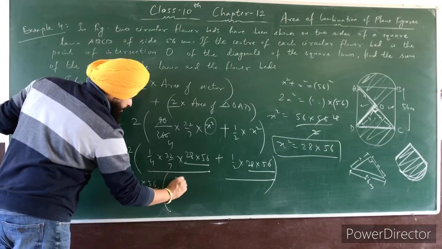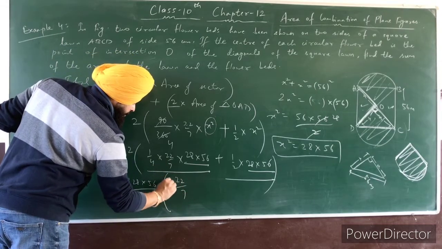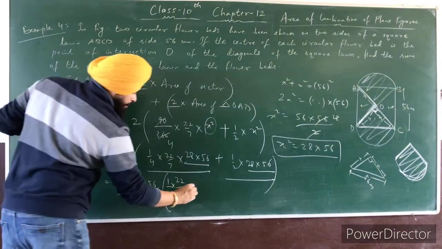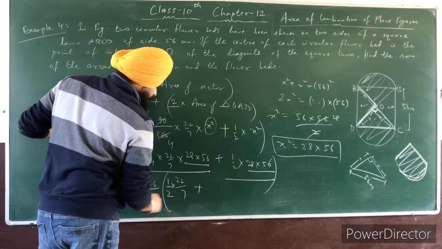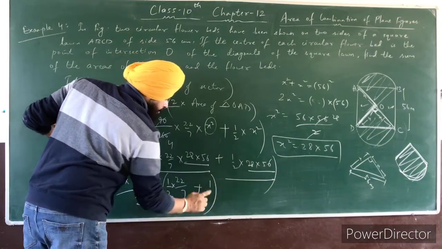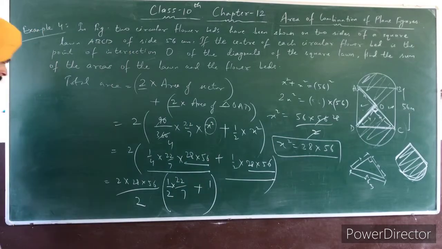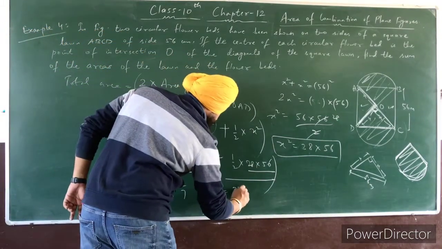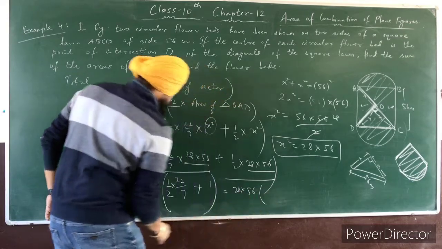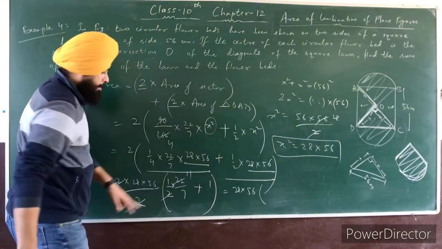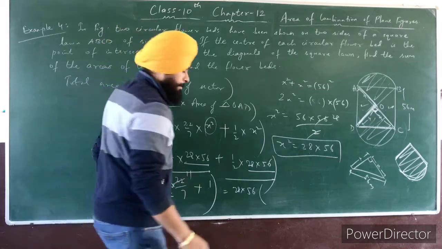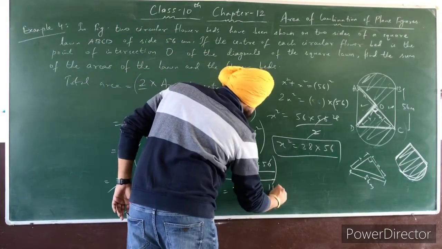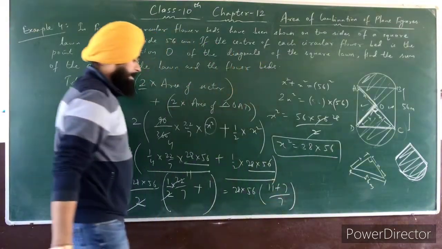So what is left here? 22 by 7 into 1 by 2 plus 1 by 2 is common, 22 into 56 is also common. So there is only 1. Now you cancel this 2 and 2. 28 into 56. These two 11s are 22. 11 by 7 plus 1. So taking everything, it is 11 plus 7 by 7.